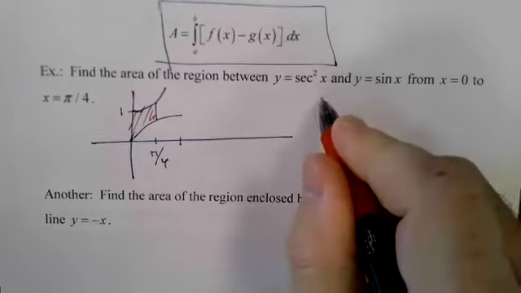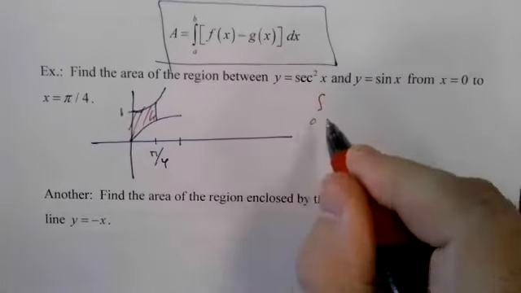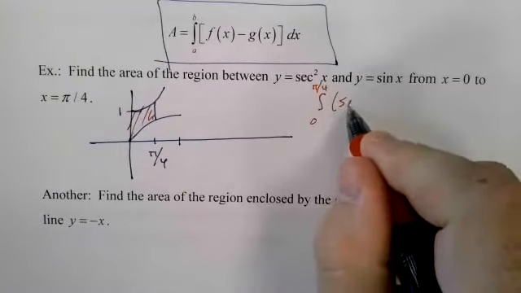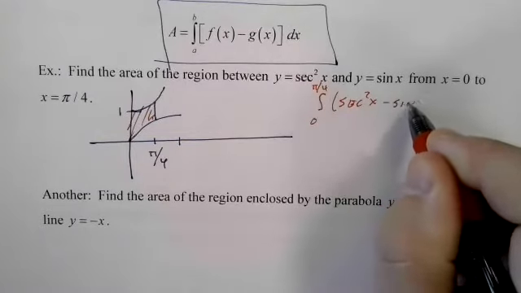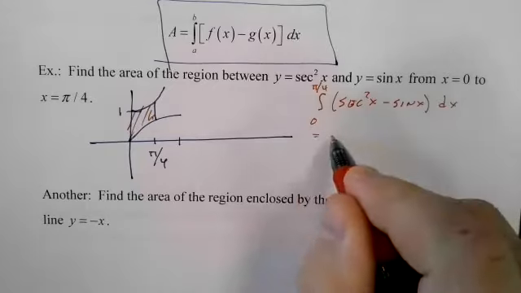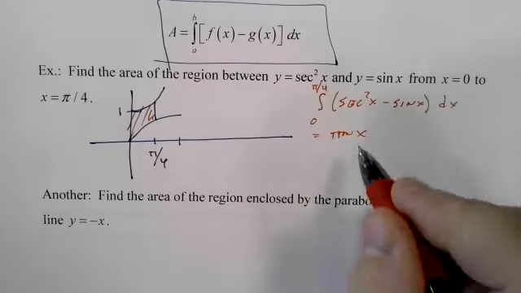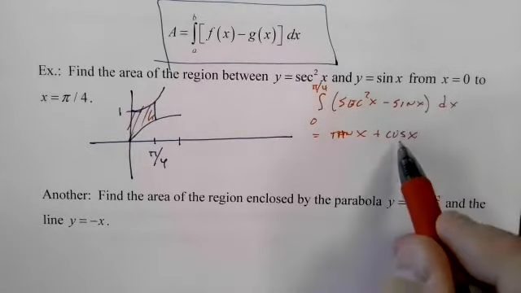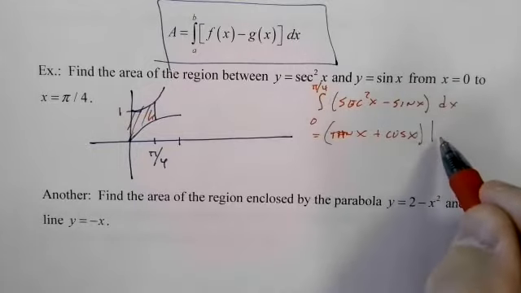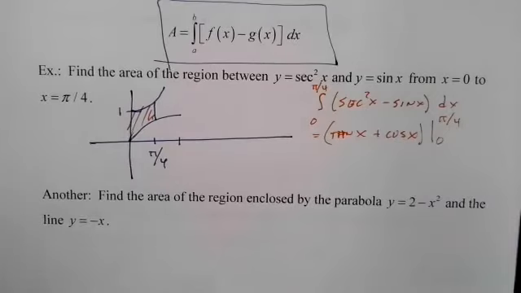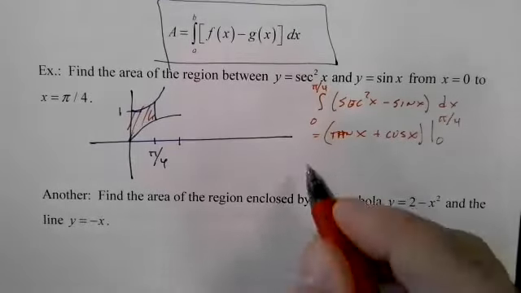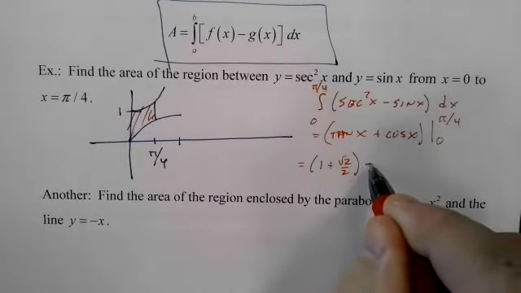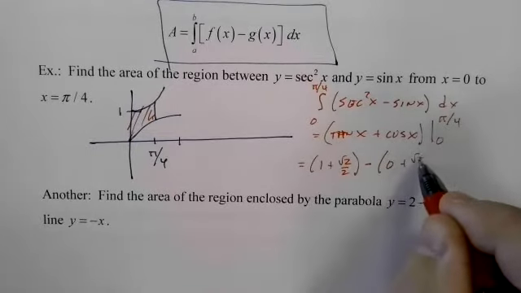Okay. Integral 0 to pi over 4, top secant squared minus bottom sine of x, tangent of x, derivative of cosine is negative sine, yep. Tangent of pi over 4, 1, plus cosine of pi over 4, root 2 over 2, minus 0 plus root 2 over 2.